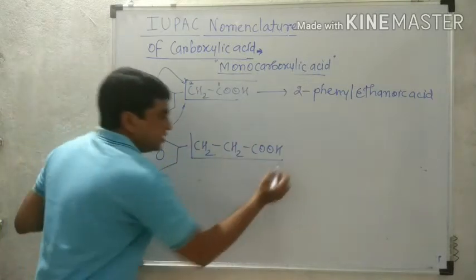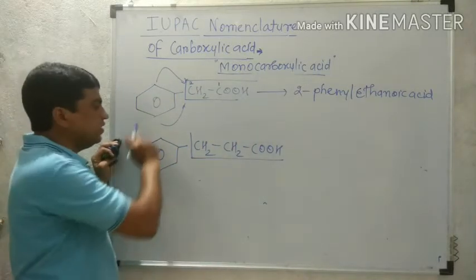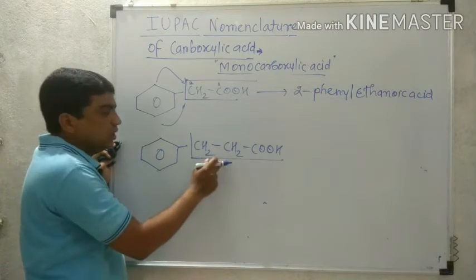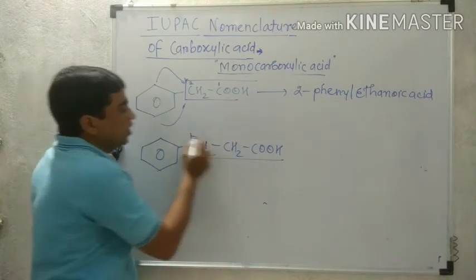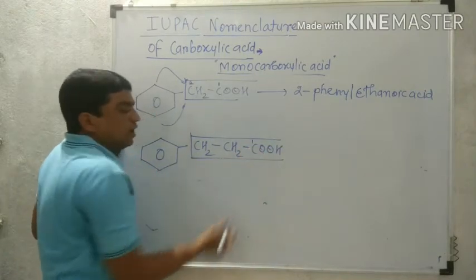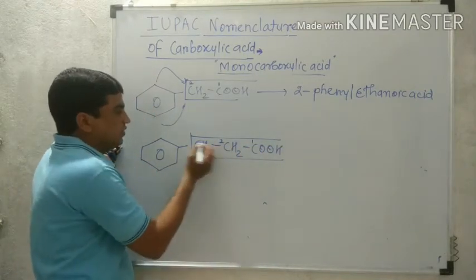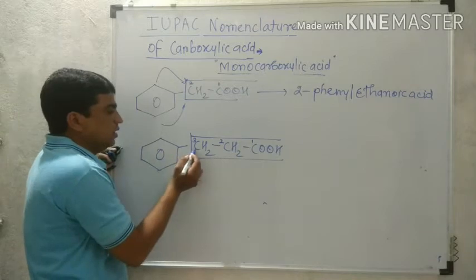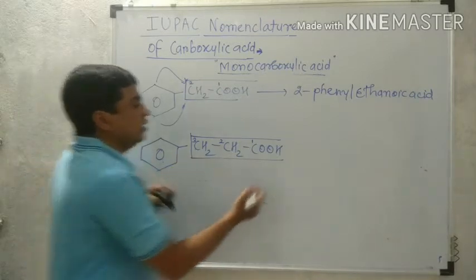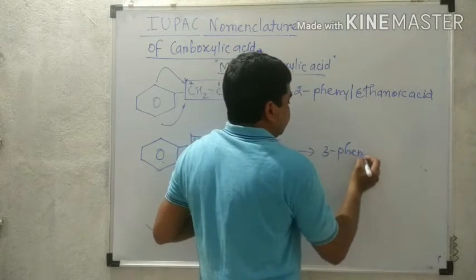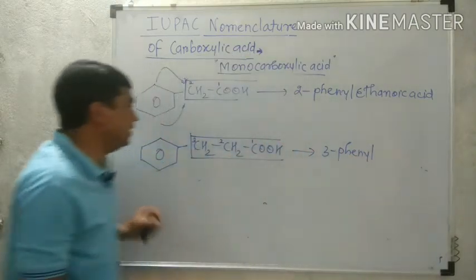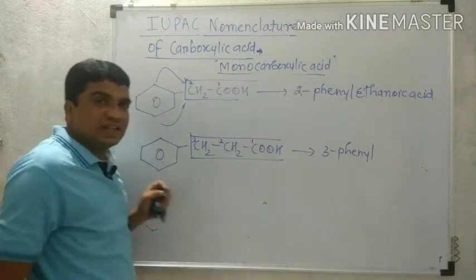This is the parent structure, parent chain, because benzene is a substituent to the structure. That carbon chain is not a substituent to benzene. So according to this rule, the carbonyl carbon is always first. This is second. This is third. The third carbon of the structure contains phenyl. Therefore, it is named as 3-phenyl. How many carbons in the chain? 3.